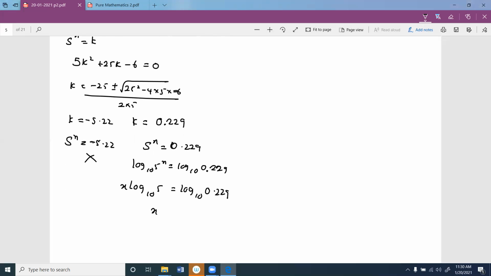So x is equal to log 10 of 0.229 divided by log 10 of 5. So it's minus 0.915, sir. That's it. Minus 0.916. That's great. That's a way of doing this kind of question, right? Okay.